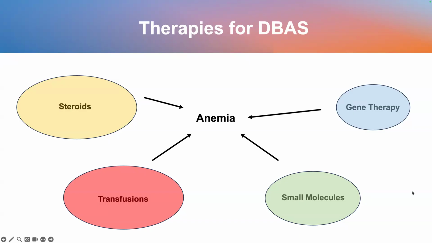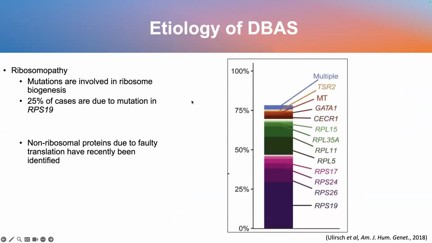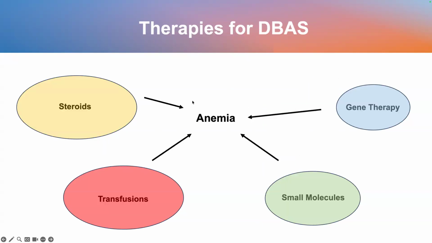Because as I mentioned here, all these treatments are here to solve the anemia issue in these patients. However, this is a germline mutation. And although the erythropoiesis compartment is the one that is the most affected, it's not the only one.